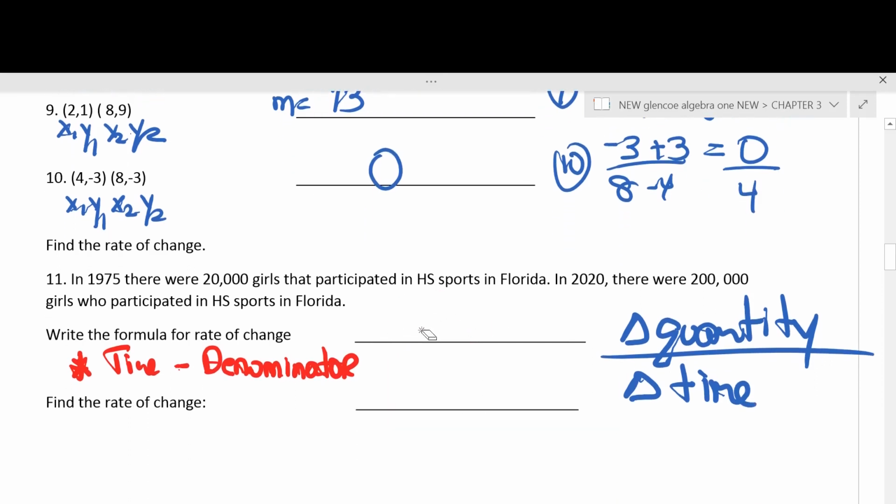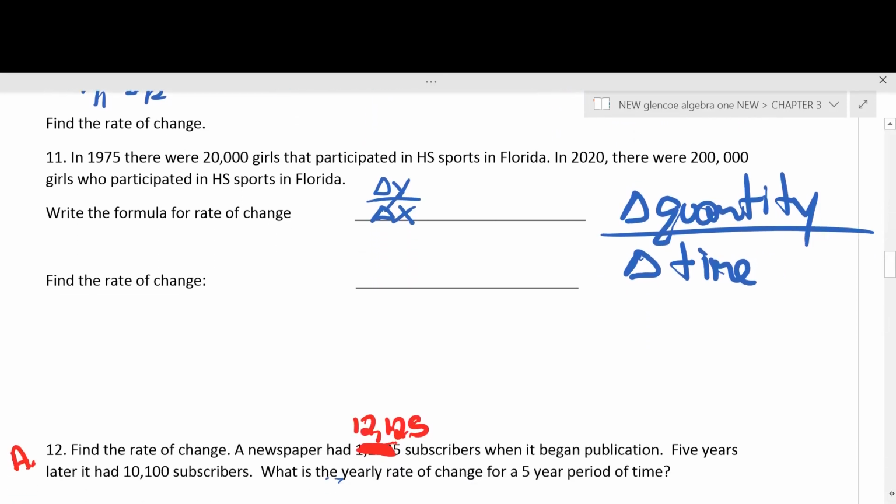We remember that the rate of change is the change in a quantity over the change in time. Change in quantity over change in time, or change in y over change in x. If in 1975 there were 20,000 girls that participated in high school sports, in 2020 there were 200,000 girls. Find the rate of change.